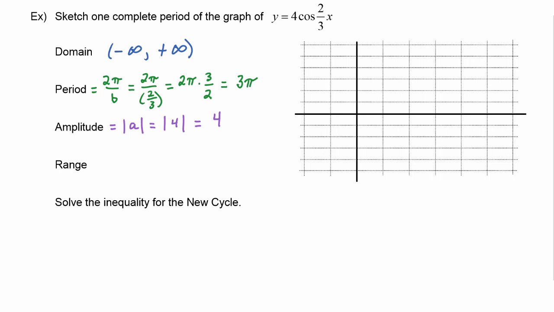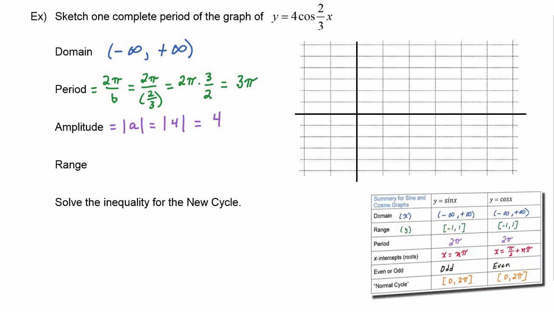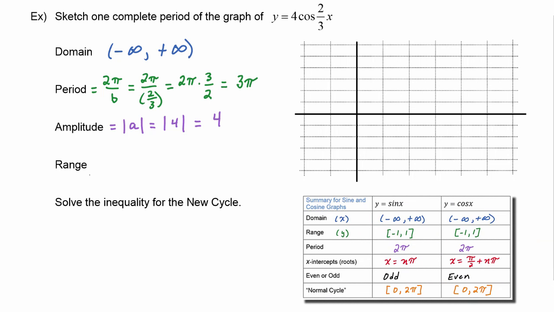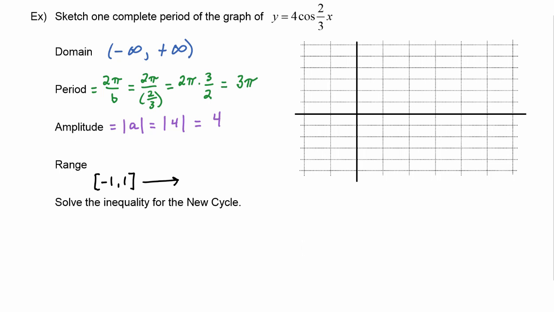Now the range, we know that an unaltered cosine graph would have a range of -1 to 1, and then we know that it will be affected by the amplitude, which is equal to 4, and that is going to turn the range of our graph into -4 to 4. And that's the opposite of the absolute value of a, comma, absolute value of a.